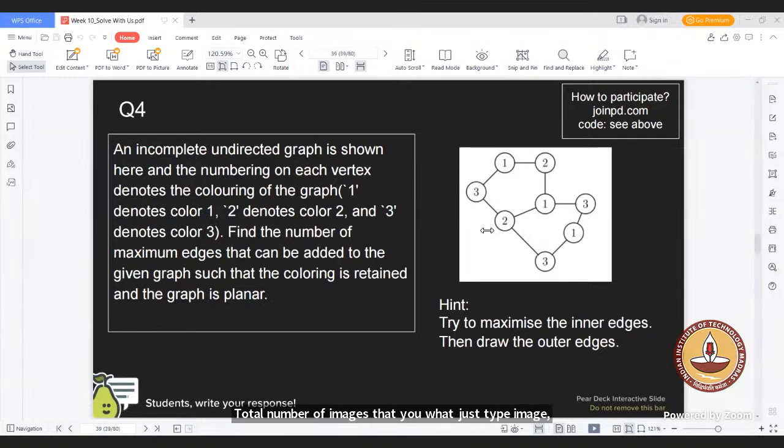For example, type inner edge is equal to 4, 5, 6 or something, and then type outer edge is equal to 3, 4, 5 or something. Okay, I got one answer. Yeah, there are 4 possible inner edges. That is correct. But for outer edges, just try to draw more outer edges.